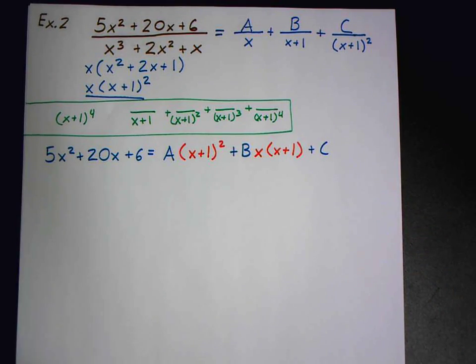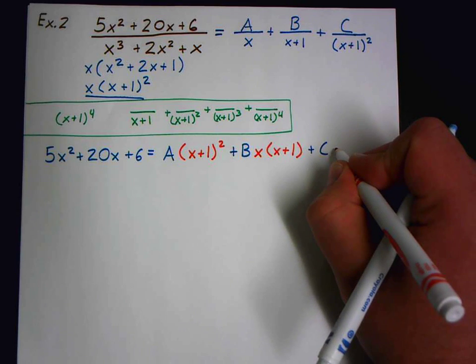With the C, what would cancel out? The X plus 1, both of them.